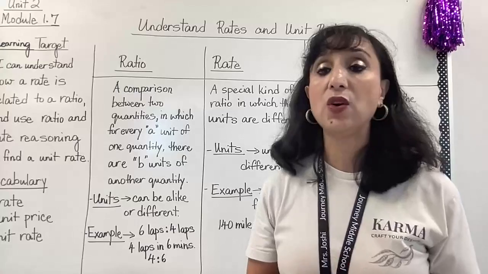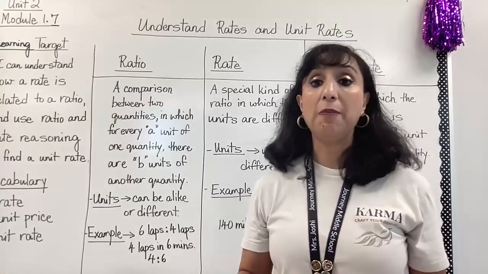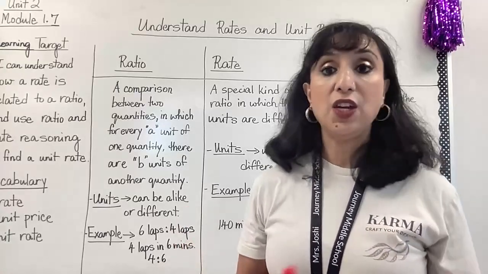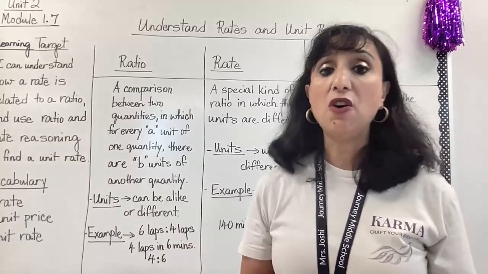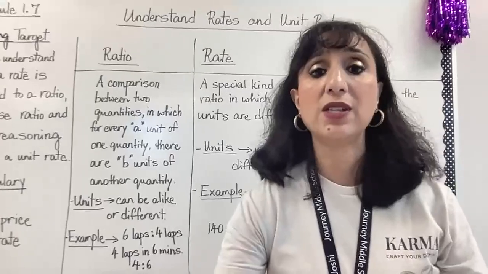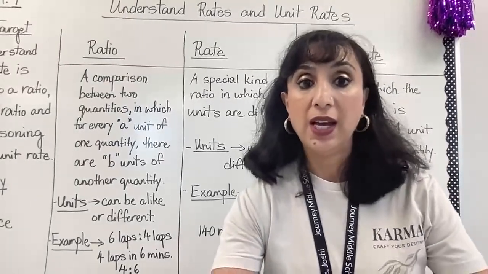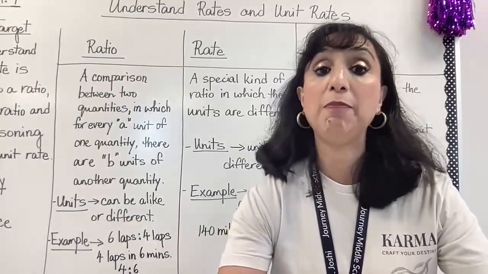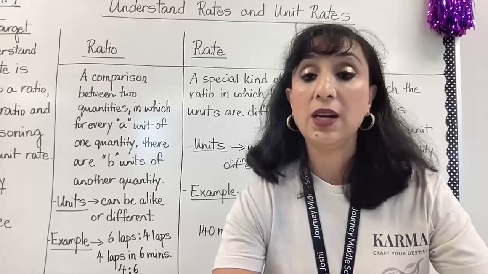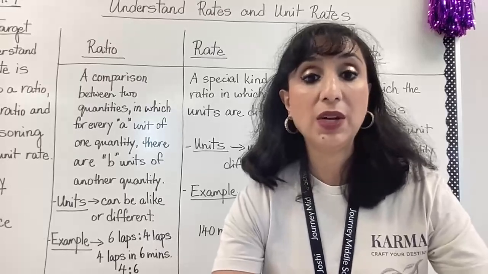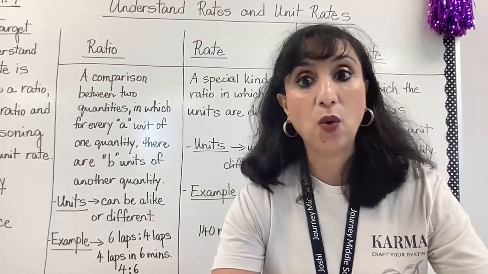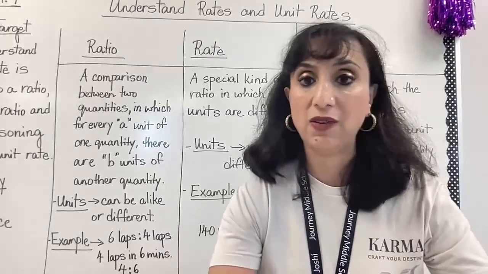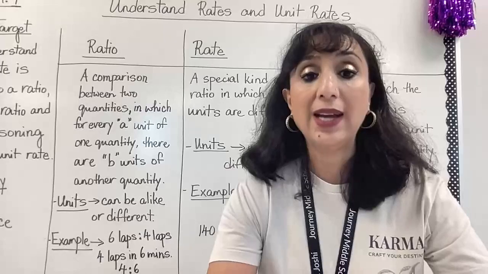We know that a ratio is a comparison between two quantities using division, right? So therefore, look what it's saying, a comparison between two quantities in which for every A units of one quantity, there are B units of another quantity. And where I'm talking about units, they can be alike or they can be different. It doesn't matter. In a ratio, it can be alike or different.